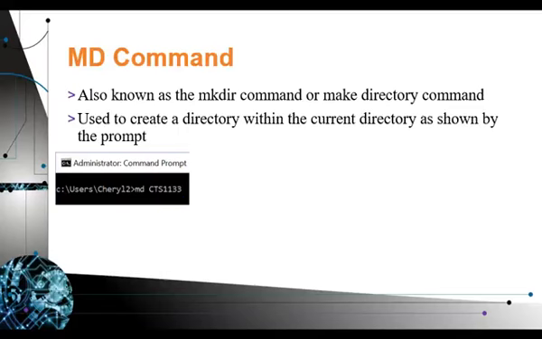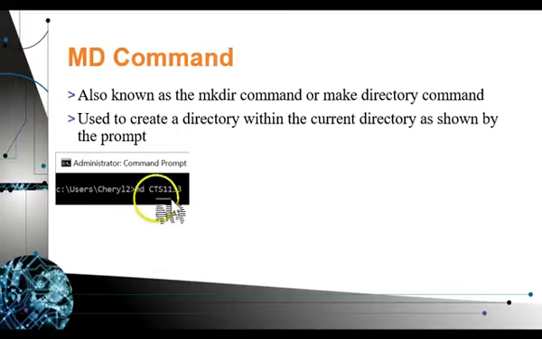So here's an example of being within C colon, so on the hard drive, in a directory called users, in a subdirectory under users called Cheryl2, the command md CTS1133. There's a space between the MD, the make directory command, and then the name of the directory that you want to create.